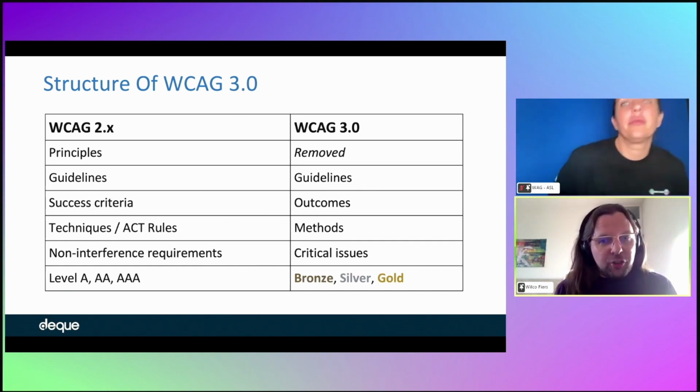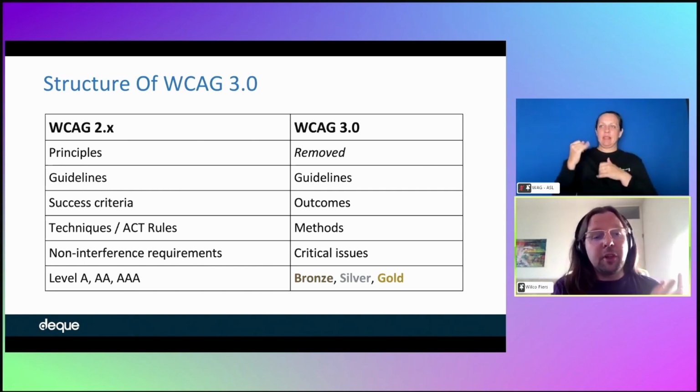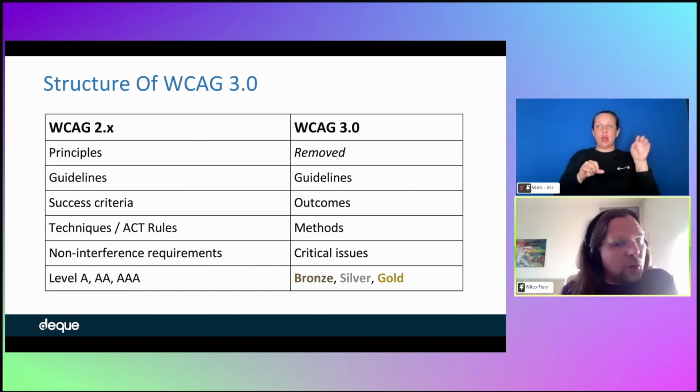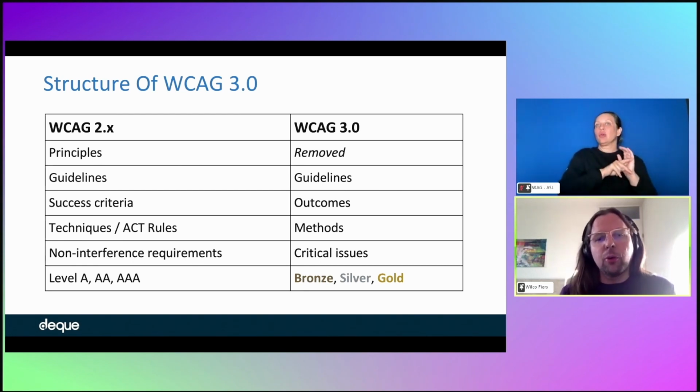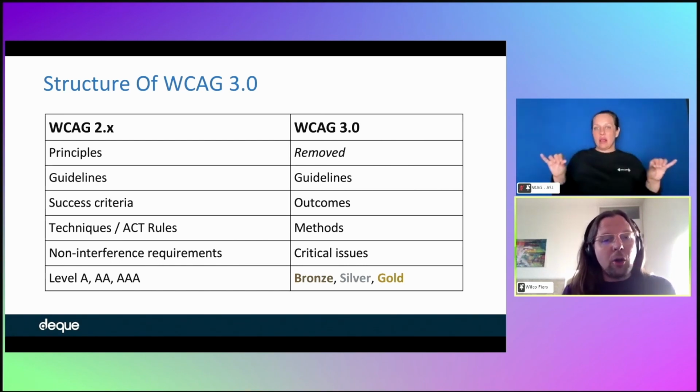Looking at the structure of WCAG 3, this is something that is largely set at this point. There are a lot of similarities between 2.0 and 3.0. The principles that are in WCAG 2.0 are no longer there. They have been removed, but WCAG 3 still has guidelines. Unlike WCAG 2, which has success criteria, WCAG 3 has outcomes.